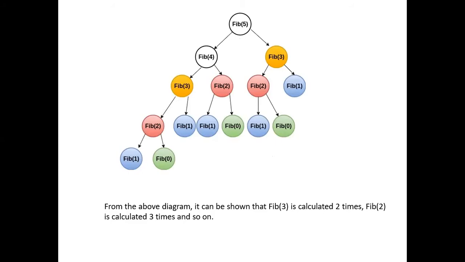We are tending to find the Fibonacci solutions of 2, 1, 0, 3 multiple times. Fibonacci 3 is calculated 2 times. Fibonacci 2 has been calculated 3 times. Similarly, Fibonacci 1, in the blue circles which you may see, has been calculated 5 times. This is with the help of recursion.